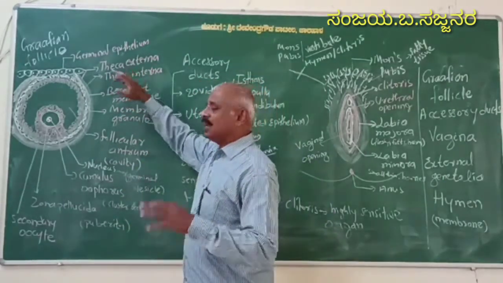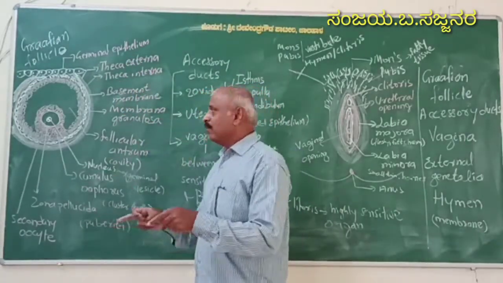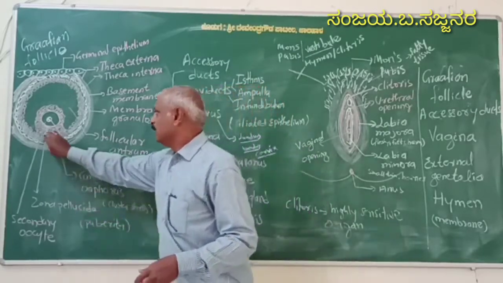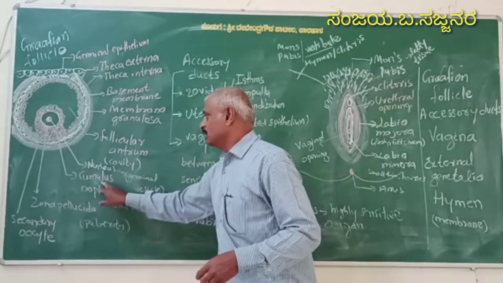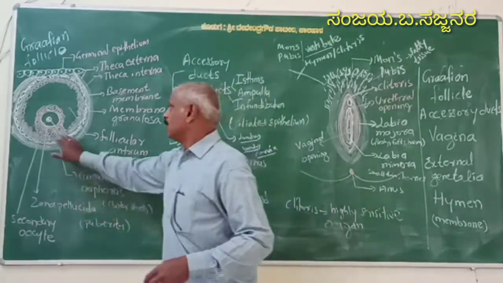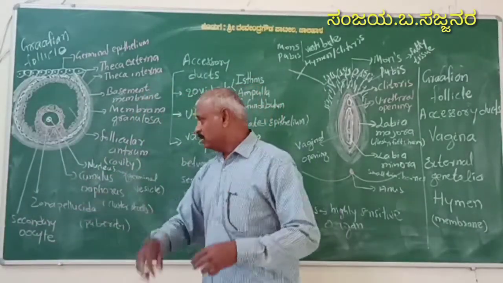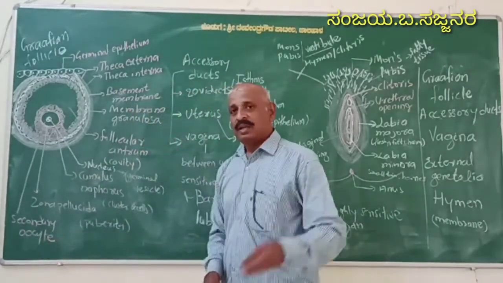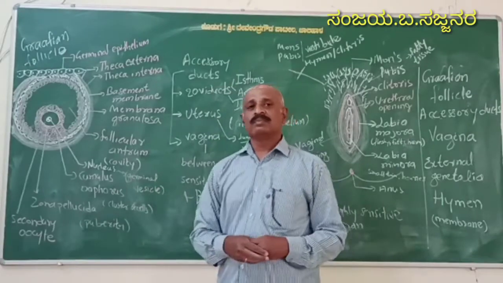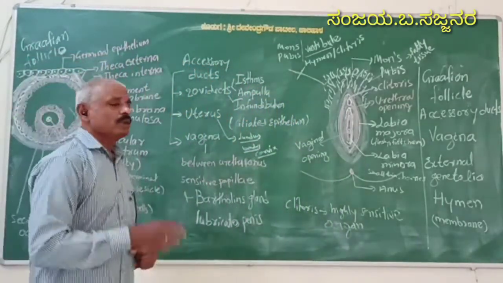The theca externa is the outer layer, below that the theca interna, and the basement membrane, then the membrana granulosa, and here the cluster of cells is the cumulus oophorus. This covers the zona pellucida, which surrounds the secondary oocyte. Inside you get the germinal vesicle. This is the structure of the Graafian follicle.